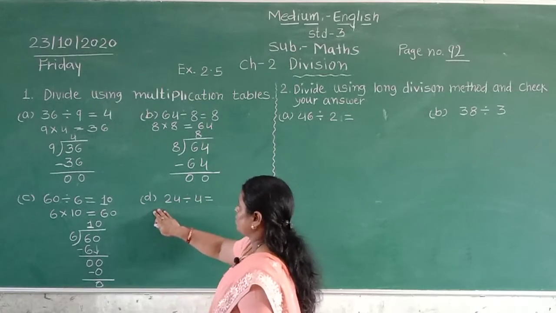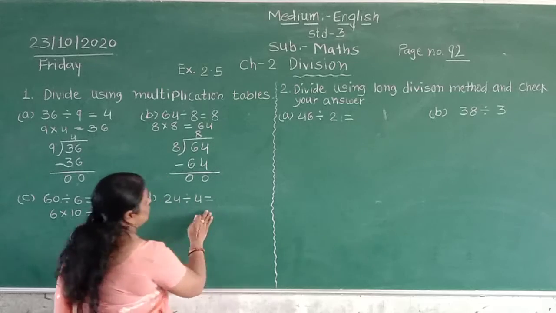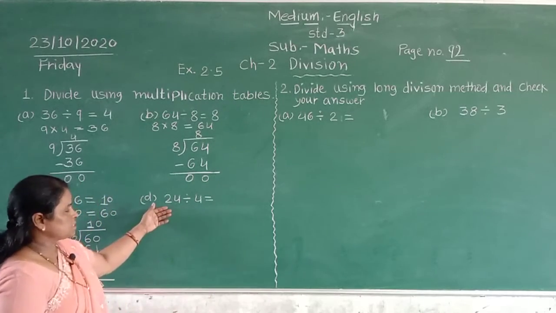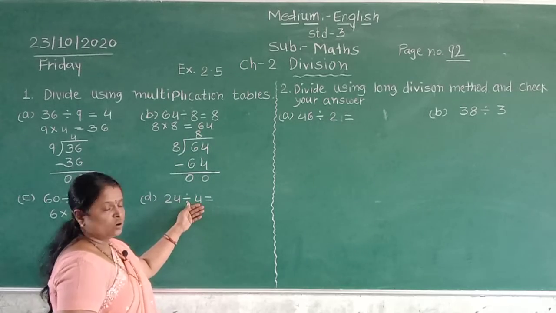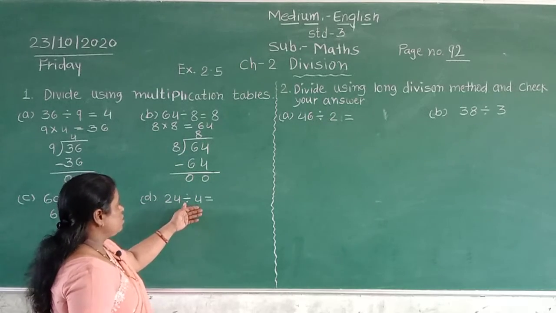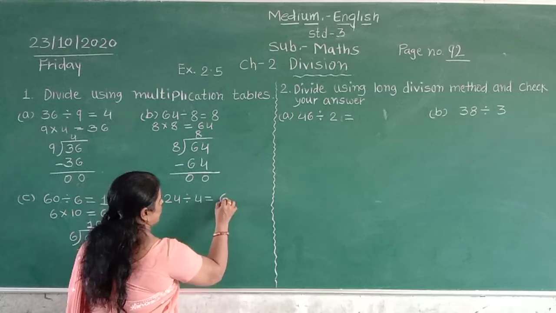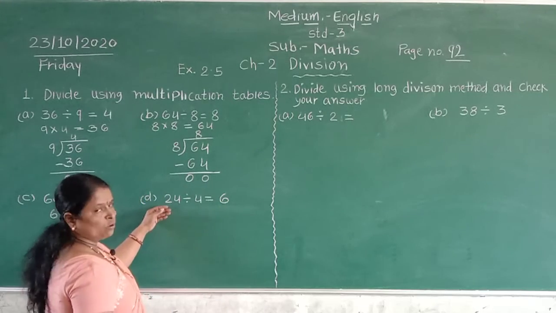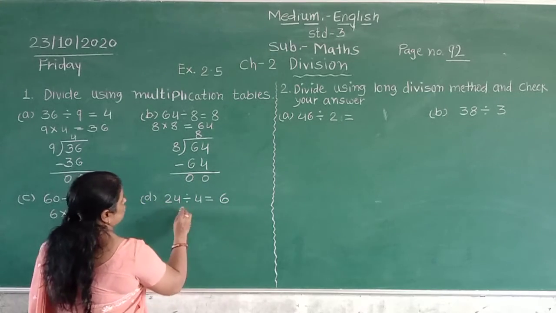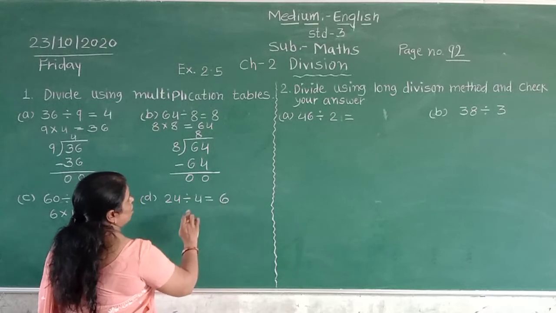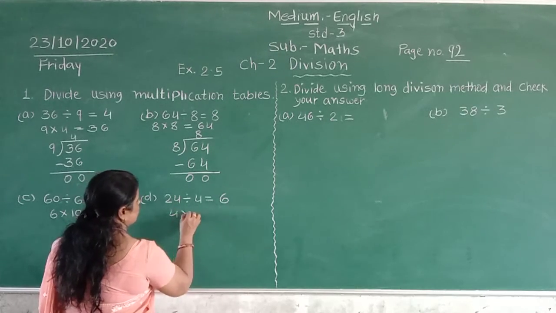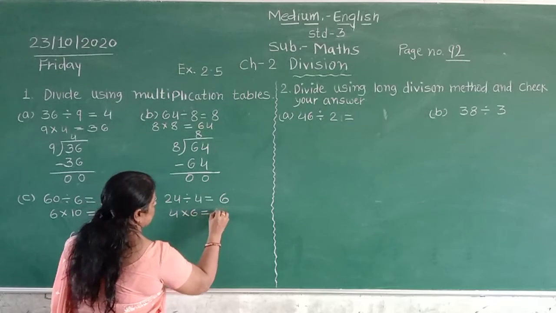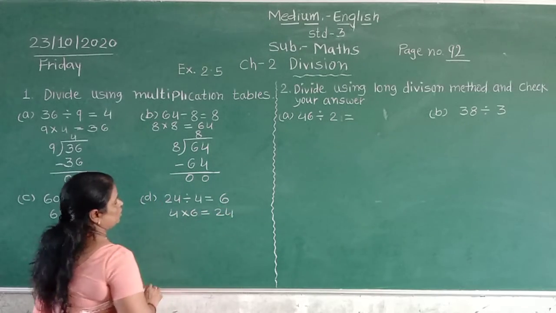Now the next number, 24 divided by 4. How many times does 24 come in table of 4? We say table of 4. 4 6s are 24. And so we write 4 6s are 24. We say table of 4, 6 times. 4 multiply 6 equal 24.